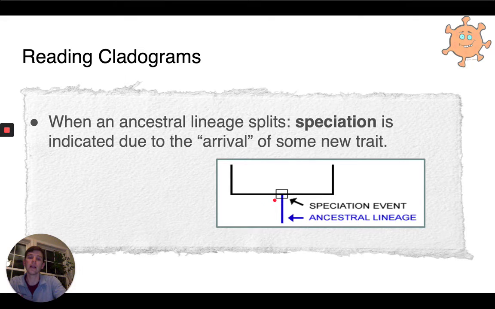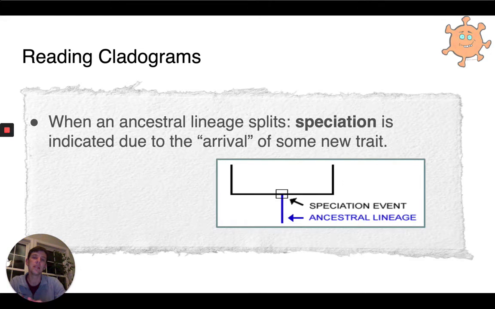When we're looking at a cladogram, in order to understand what it's actually saying, remember we talked about the speciation events, right? We had things like geographic isolation or reproductive isolation with the temporal or the behavioral isolation. We had adaptive radiation, all of these different types of divergent evolution.